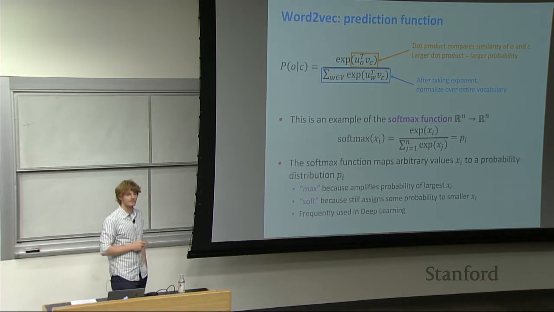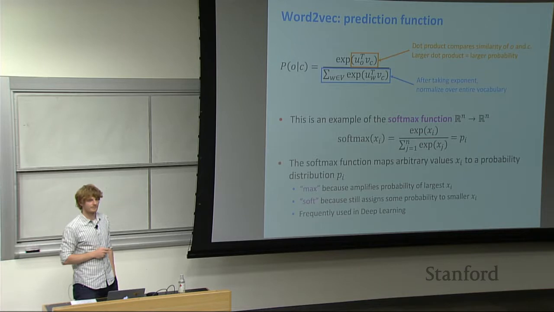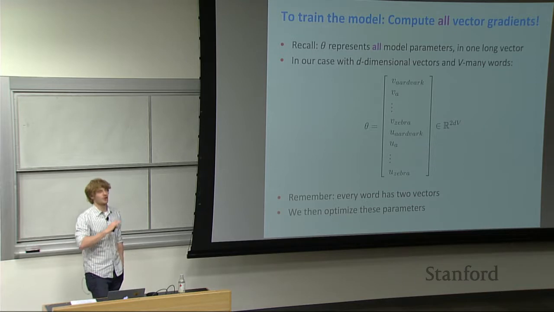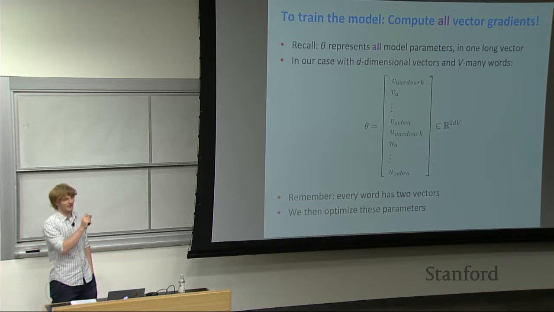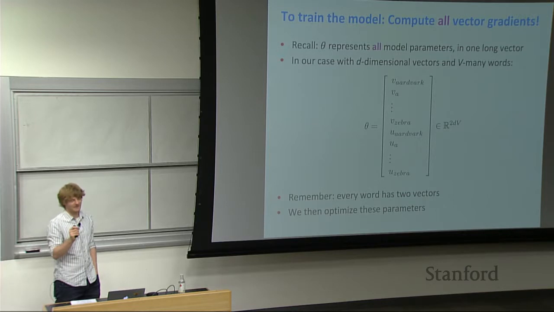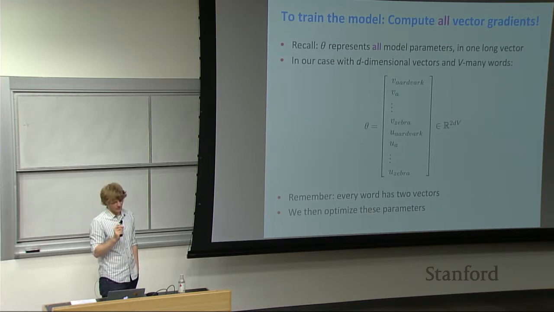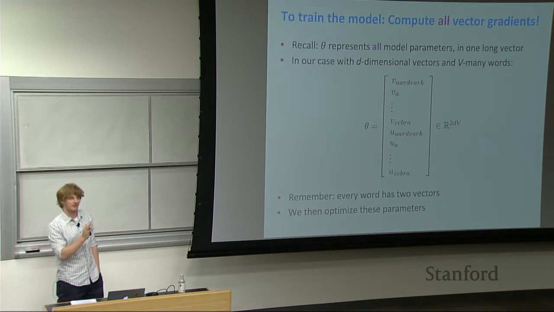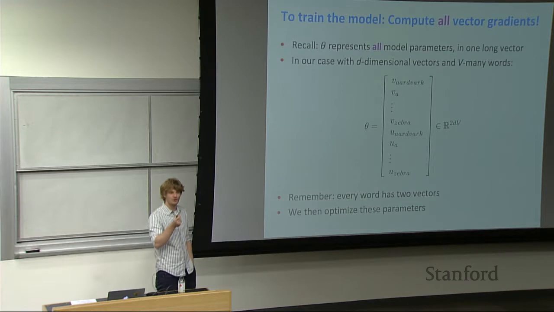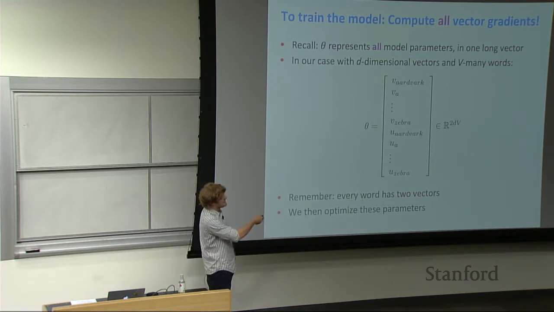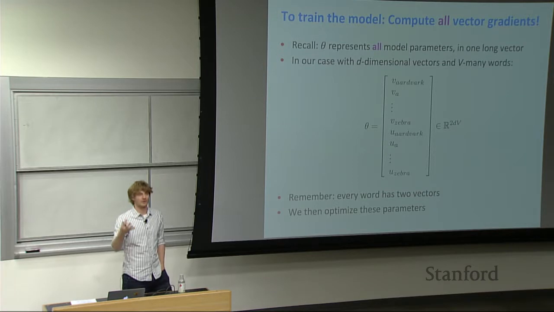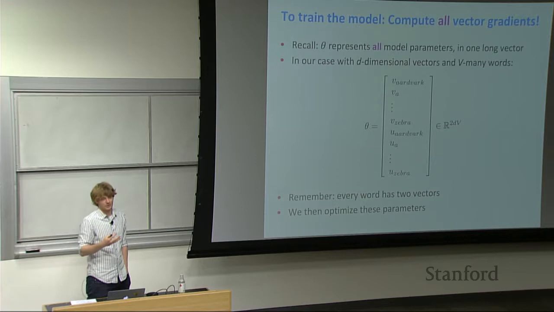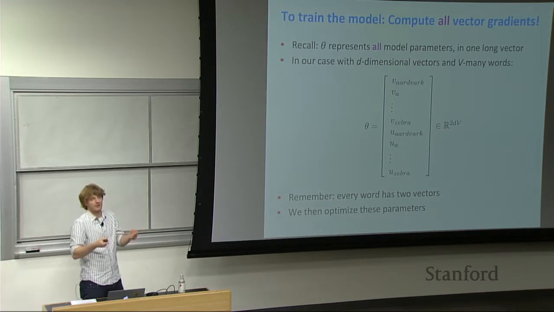Mm-hmm. How do you choose d? Great question. We'll actually have a lot of plots in next week's lecture on evaluating carefully how we choose d. I can give you the short answer, which will almost always be right for any hyperparameter. Hyperparameters are essentially the knobs that you can tune. Obviously, the larger d is, the better you'd be able to capture all these contexts, and the better your model would be at capturing which words appear and giving correct probability estimates.